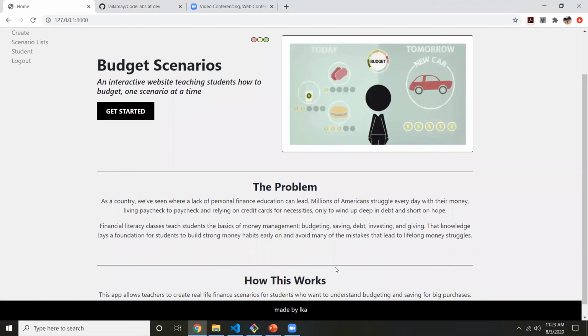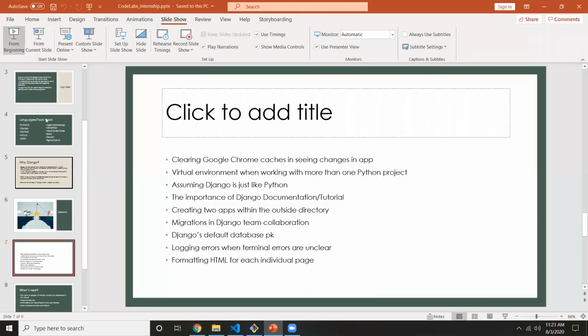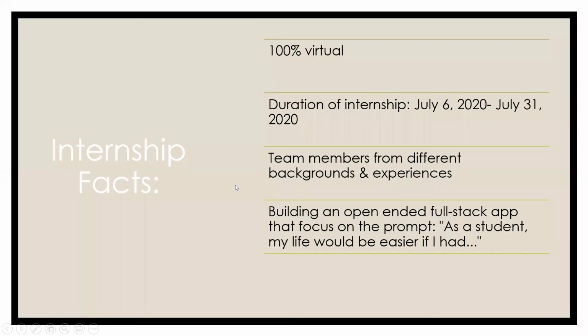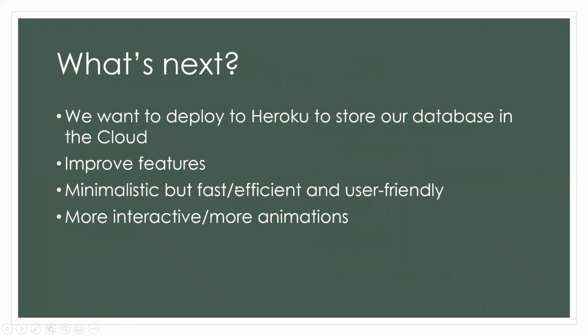Okay, and what's next for our app? Based on what Kate just explained, we want to add on to the animations and make the app more interactive and more interesting for students to view, and also hopefully for students to be able to show their own answers on the students page.